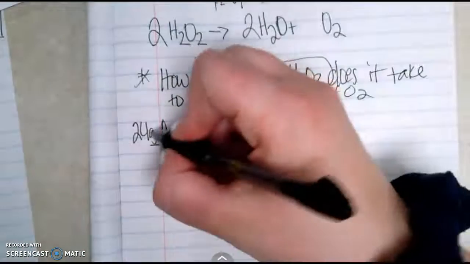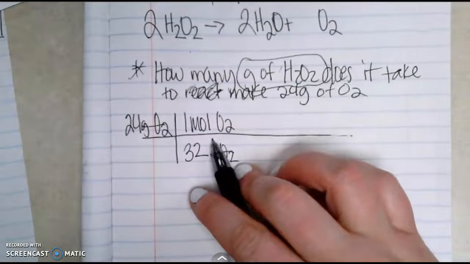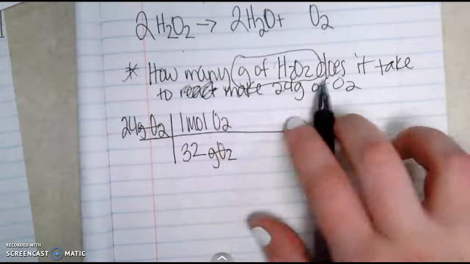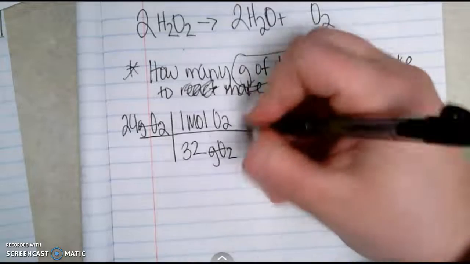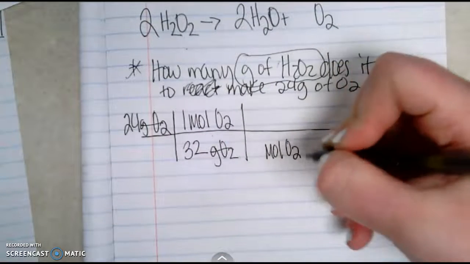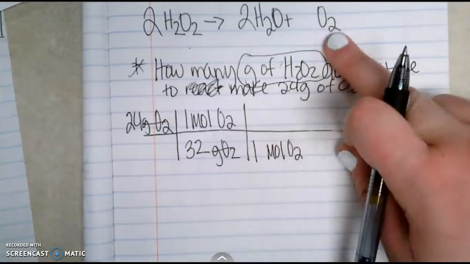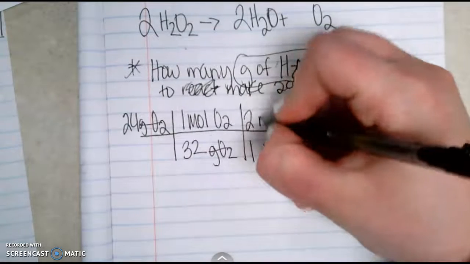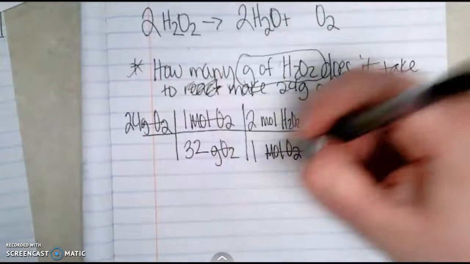So my grams of oxygen cancel, and I'm left with moles of O2. I'm not trying to find moles of O2. I'm trying to find grams of H2O2. So now I need to switch over into H2O2. If I have moles of oxygen here, I got to have moles of oxygen here. And I know from my balanced equation that 1 mole of O2 is 2 moles of H2O2. So that gets rid of moles of O2.